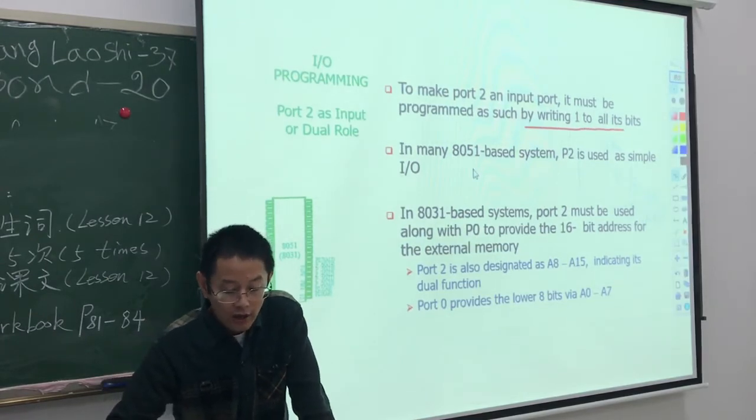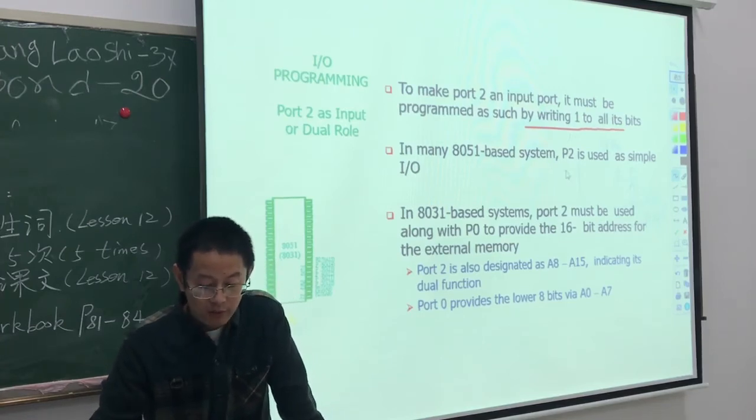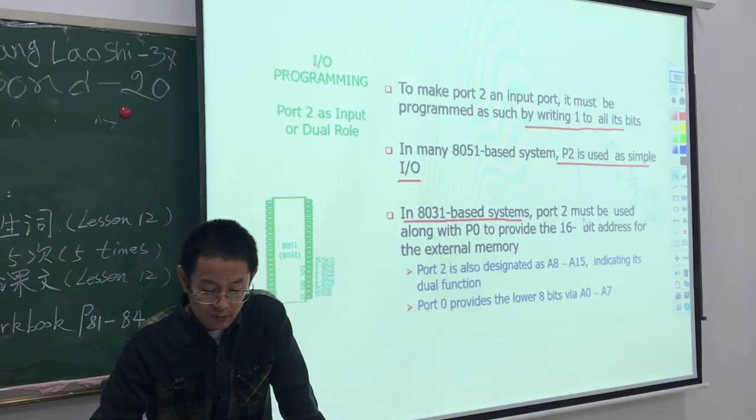In many 8051-based systems, P2 is used as a simple I/O. In 8031-based systems, port 2 must be used along with P0 to provide the 16-bit address for the external memory. Port 2 is also designated as A8 to A15, indicating its dual function.